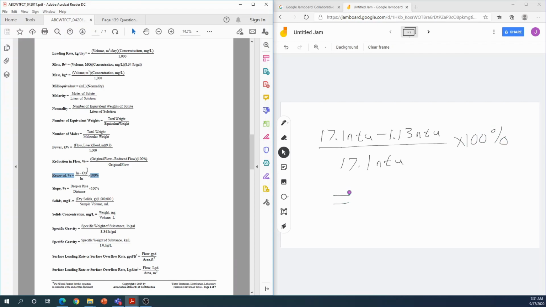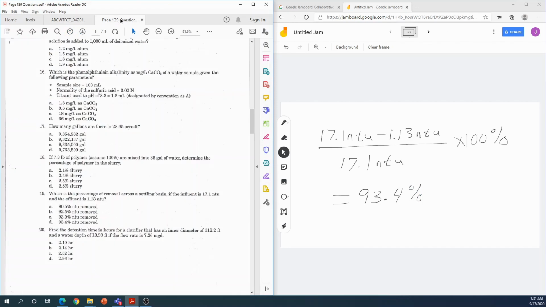So we get 17.1 minus 1.13. We'll take that and divide by 17.1 and multiply by 100. And we get 93.4%, which is equal to D.